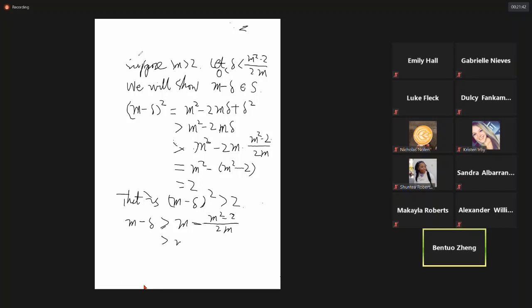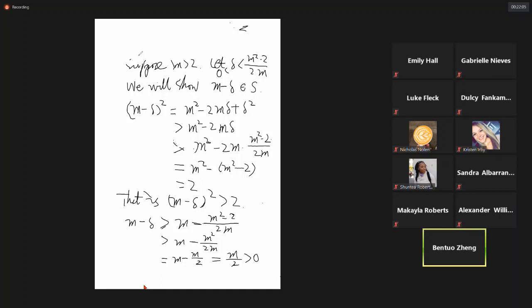And then this is greater than m minus m squared over 2m. But this is equal to m minus m over 2, which is m over 2, greater than 0.